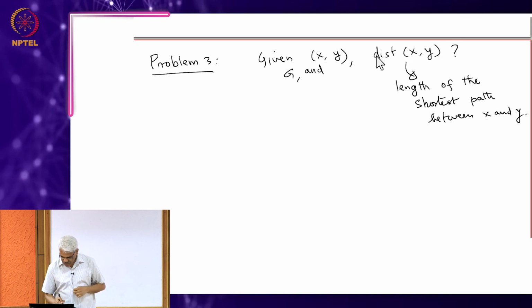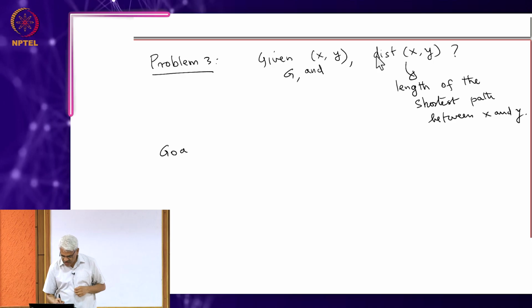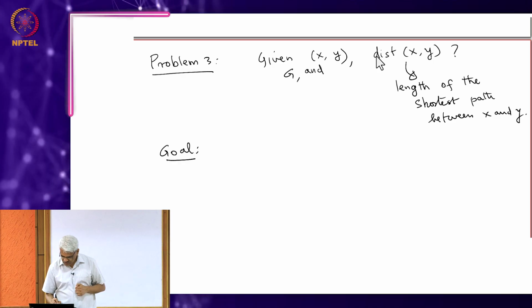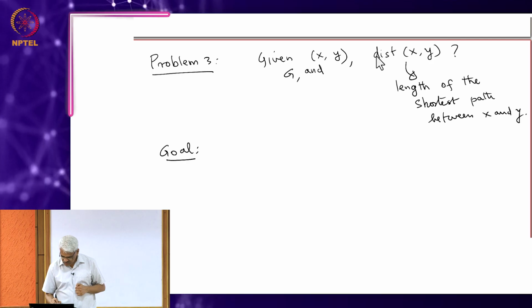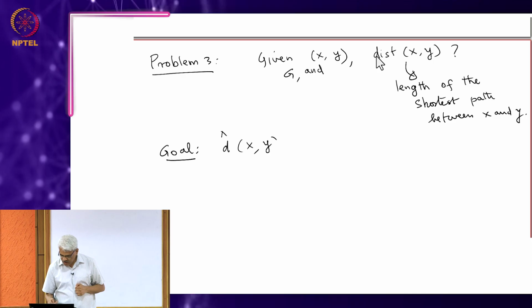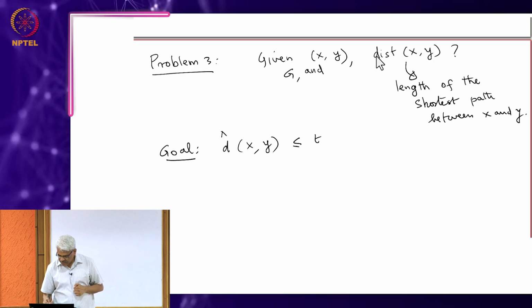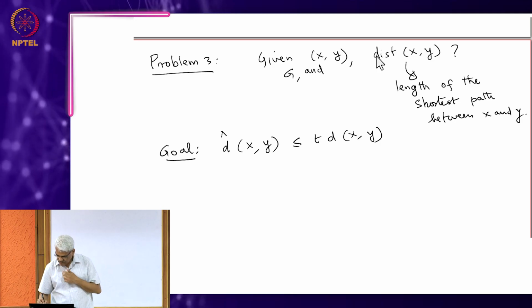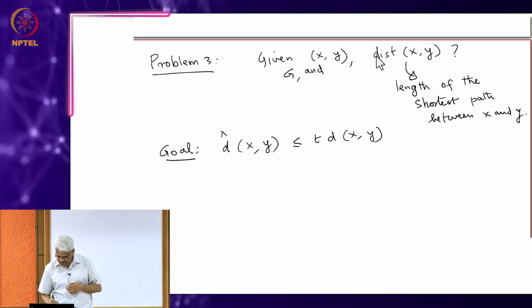So the goal now is to find some d hat xy, which is at most t times dxy. Okay, t is some parameter.